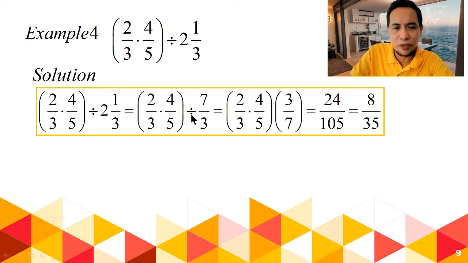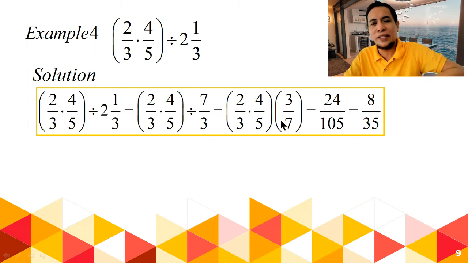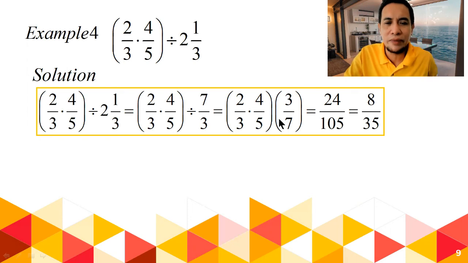This is a division process, so we will use multiplication to solve this problem. We will multiply 2/3 times 4 over 5 by the reciprocal of 7 over 3, or the multiplicative inverse, which is 3 over 7.